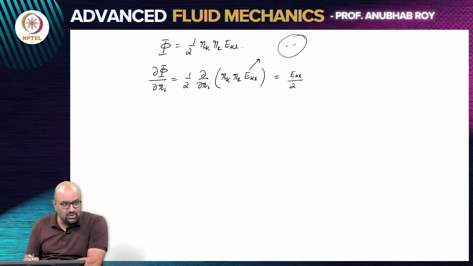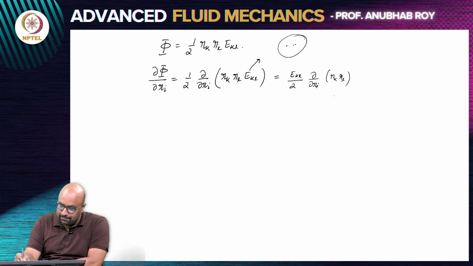Once you understand what is going on with the velocity gradient being constant locally, you can start to understand the broader problem when the velocity gradient is varying. So if I pull out that Ekl, I have dou dou Ri of Rk Rl. Now I use the product rule.